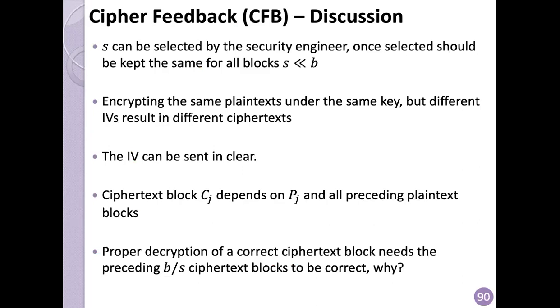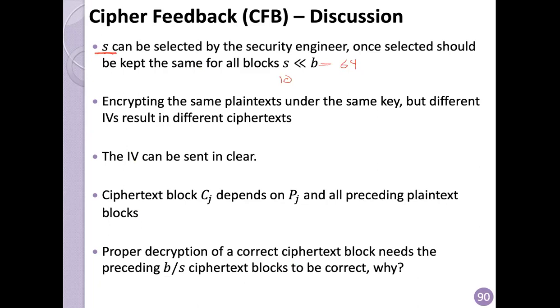Okay, now let's talk more about the CFB mode. What are the options that we have? The first option, which is very important, is the size of S. S, which is the size of plain text segment, can be chosen as anything smaller than B. So if your B or block size is, for example, 64, your S can be selected as 10.